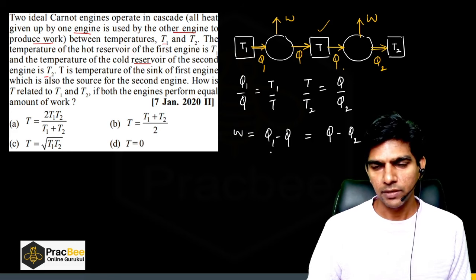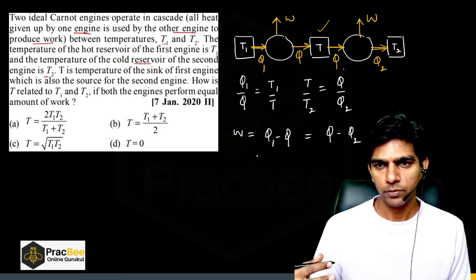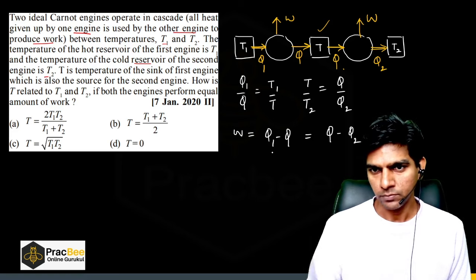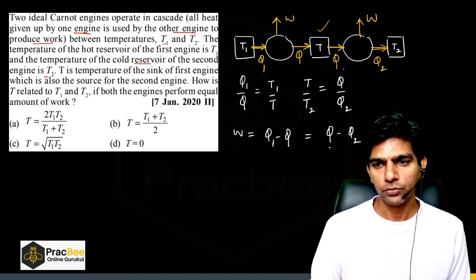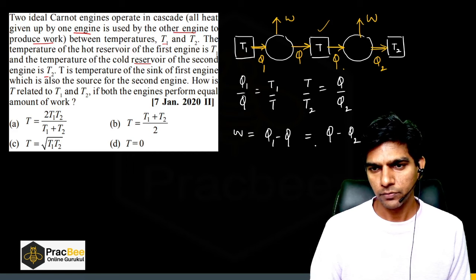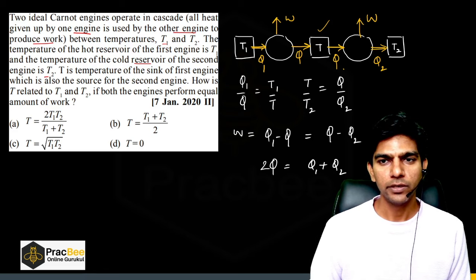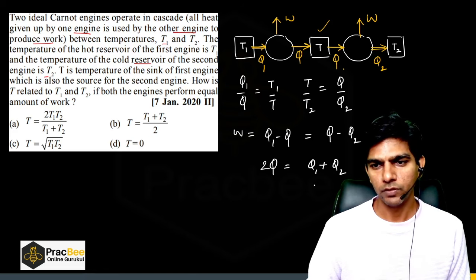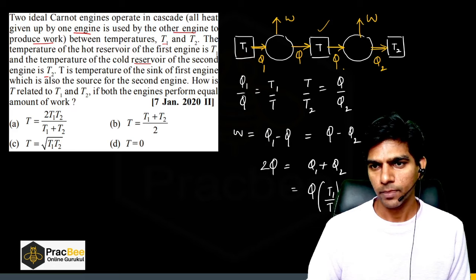So basically we want to find the relation between T1, T2 and T. So what we're going to do is try to eliminate Q1, Q2 and Q, right? So from this equation we can say 2Q is equal to Q1 plus Q2. Now I can write Q1 in terms of Q. So Q1 will be capital Q times T1 by T, and Q2 can be written as T2 by T times Q.